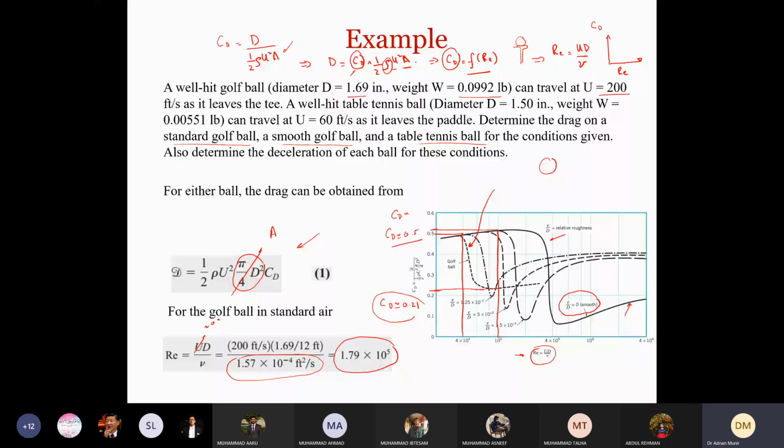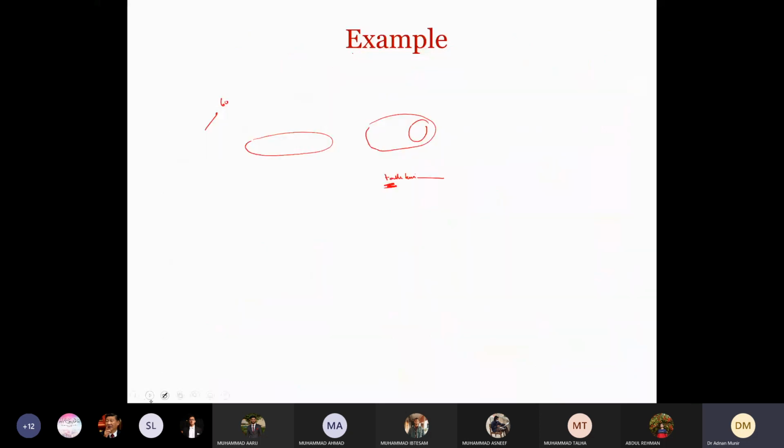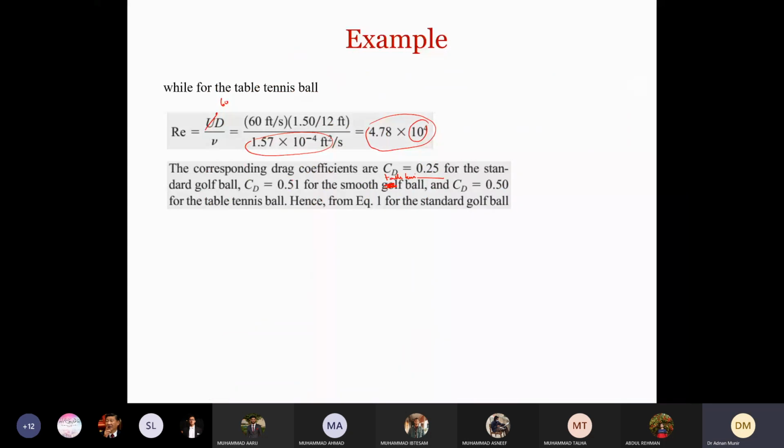And for the table tennis ball, we worked out at 4 into 10 raised to the power 4, CD is around 0.5. That is the reason we are having three values. So the corresponding drag coefficients are CD equals 0.25 for the standard golf ball, 0.51 for the smooth golf ball, and 0.5 for the table tennis ball.